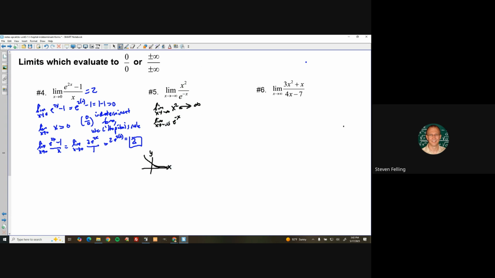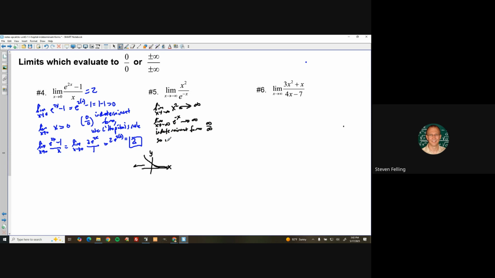And that means as we go off to negative infinity here, this is going off to positive infinity. So I'm just going to state that that is positive infinity. Therefore, we have the indeterminate form infinity over infinity.